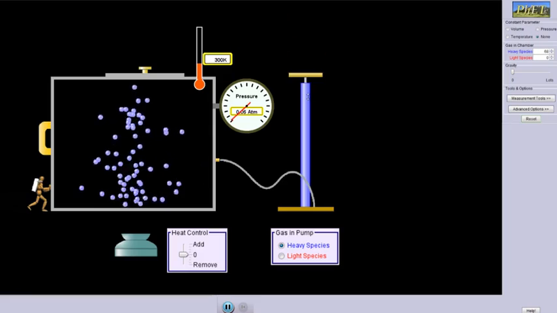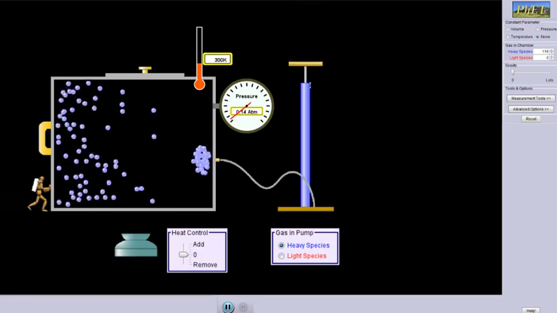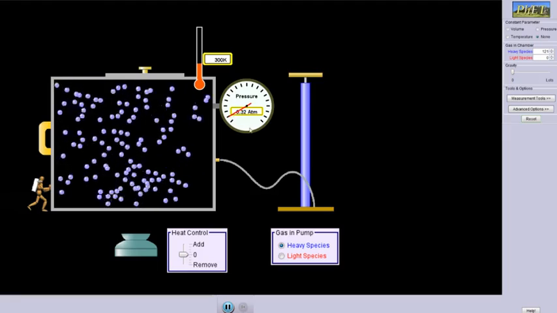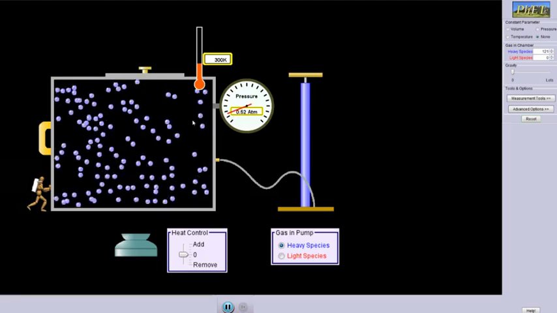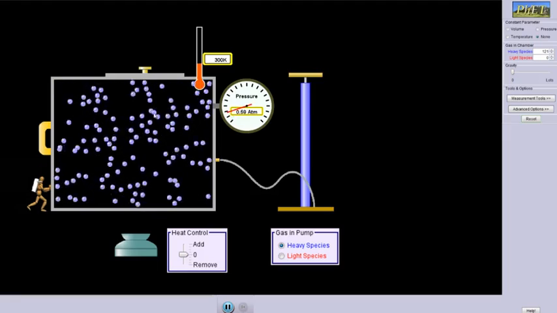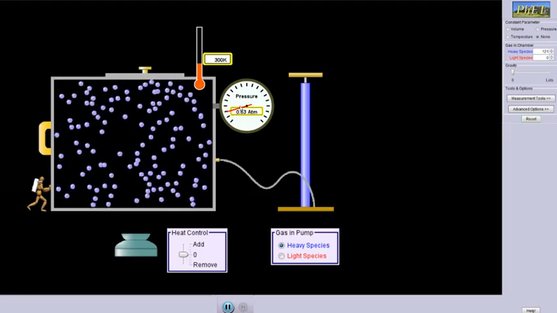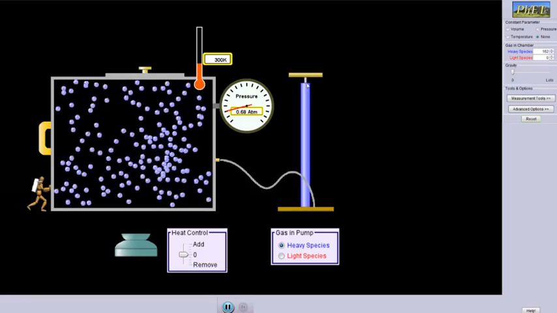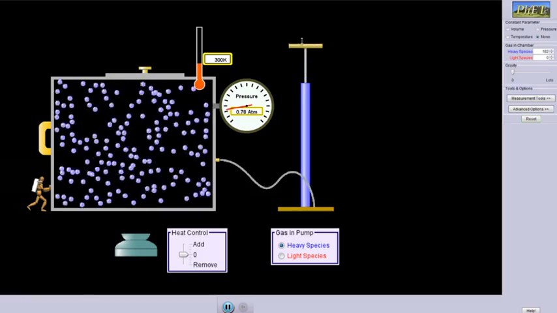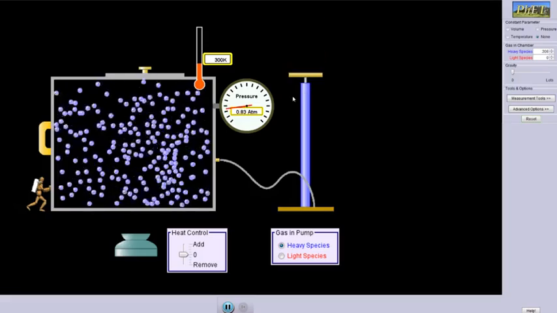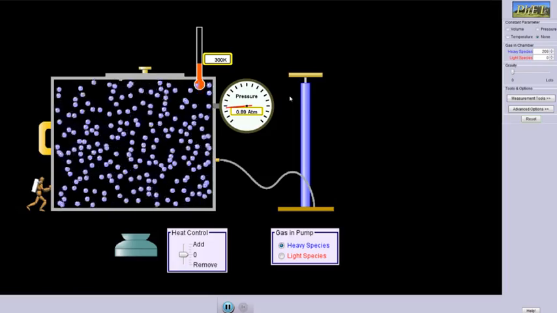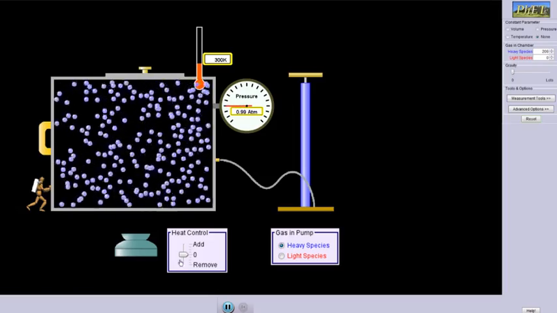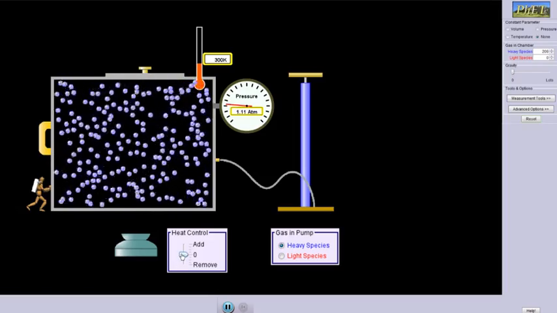If we start to add more atoms or molecules, the pressure, the force that's felt on the side of this container, or the force that's felt by the pressure gauge, goes up. And so as we add more, we get more pressure. But that's not the only thing that affects the pressure of a gas.